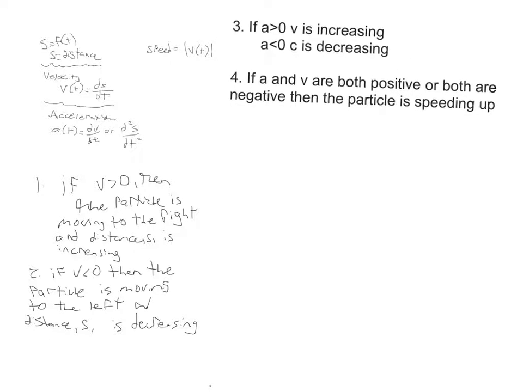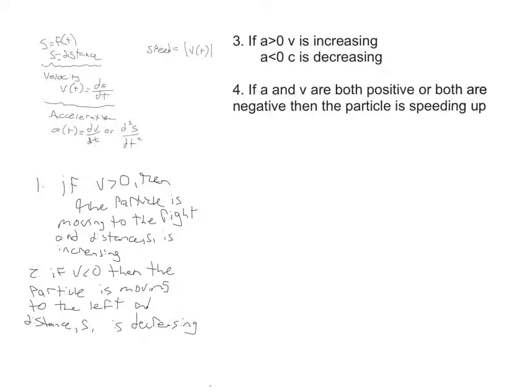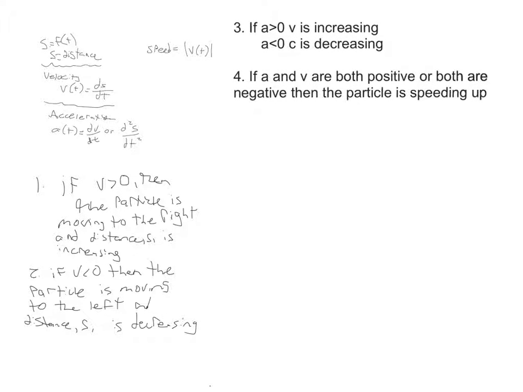They will give you information about particle motion and they will ask you, is it speeding up or is it slowing down? And you'll have to verify how you got your answer. And right there it is. If you know that the velocity and the acceleration have the same sign, then you can conclude that the particle is speeding up.